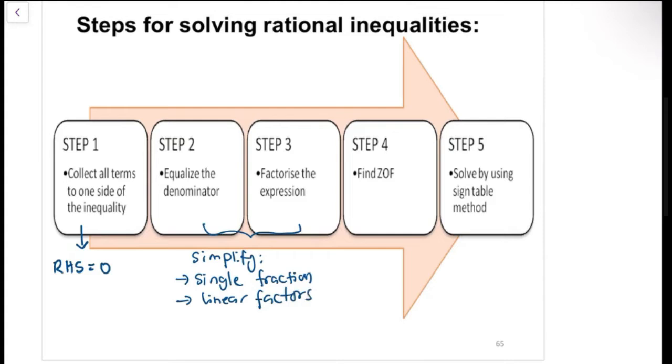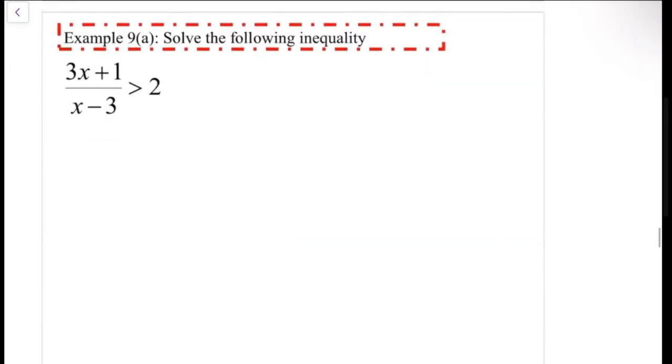Kalau kita just cakap simplify, awak tak tahu nak simplify apa kan? So our target is a single fraction with linear factors on our left side. Once we get the simplest form, we find all the zeros and solve using the table sign method.